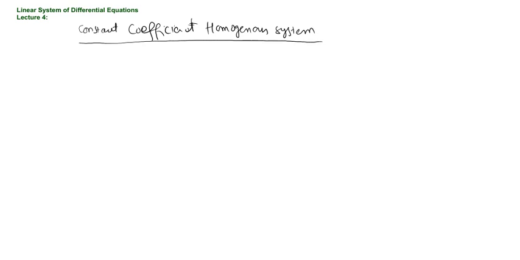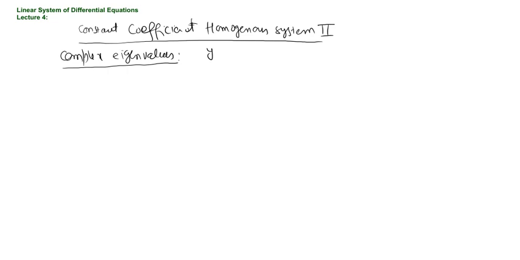So now I am going to discuss the second case, constant coefficient homogeneous system with complex eigenvalues. Okay, so this is a case of complex eigenvalue.